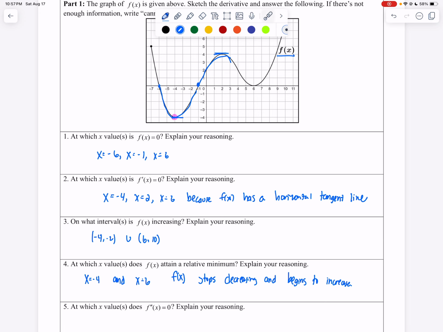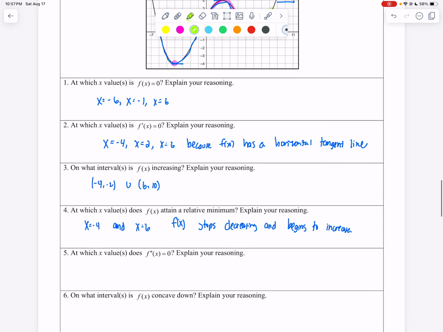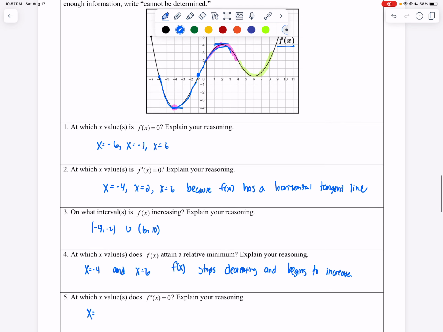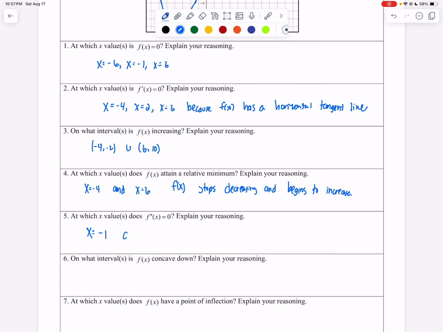And then here we're concaving down, and then we're concaving up. So we could say at -1 and 4. So x is equal to -1 and x is equal to 4 because f of x changes concavity.